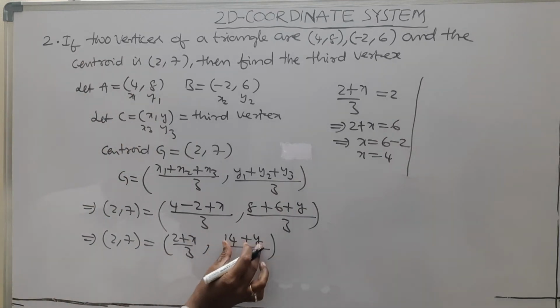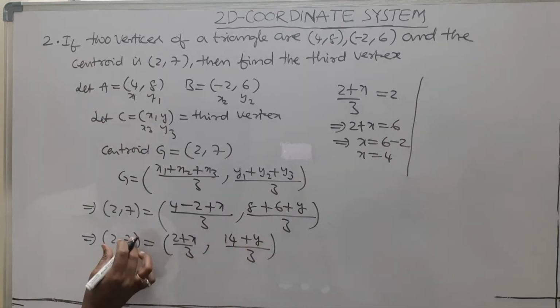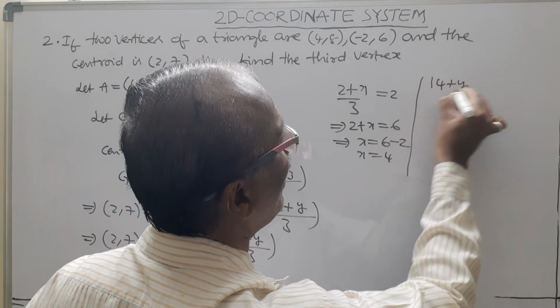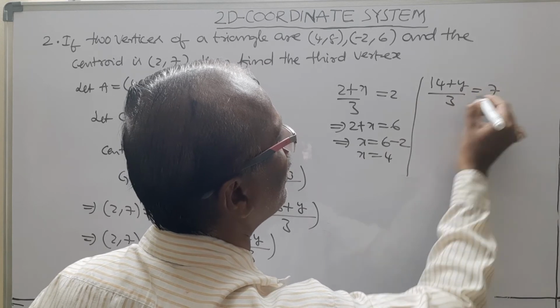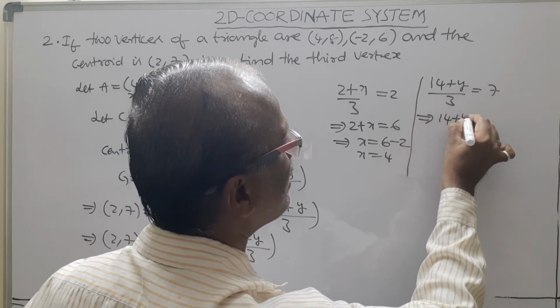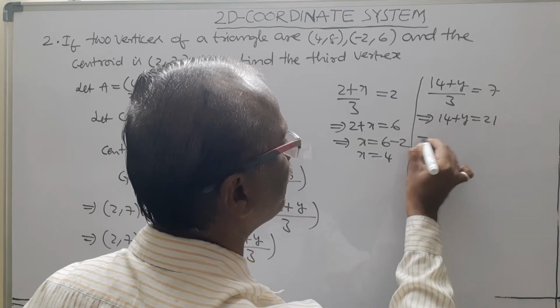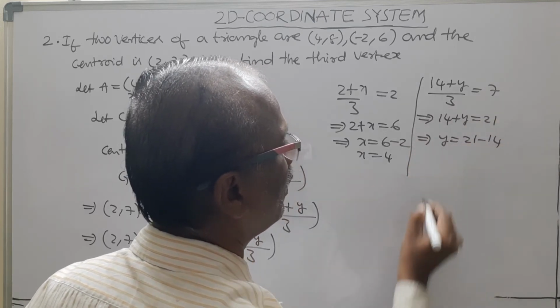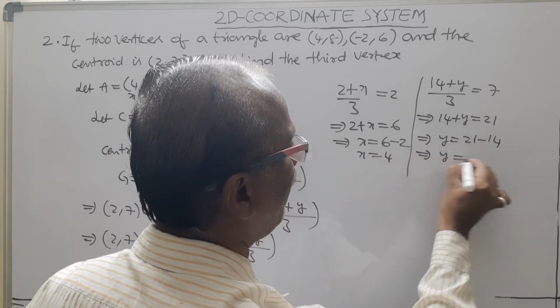Next, 14 plus y by 3 is equal to 7. Cross multiply: 3 sevens are 21. 14 plus y is equal to 21, so y is equal to 21 minus 14, y is equal to 7.